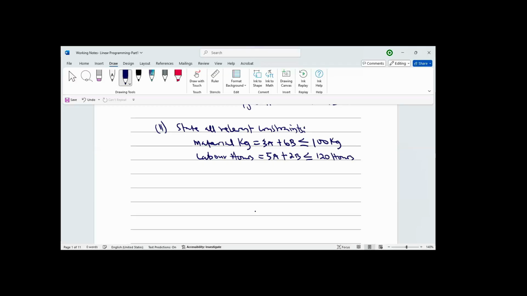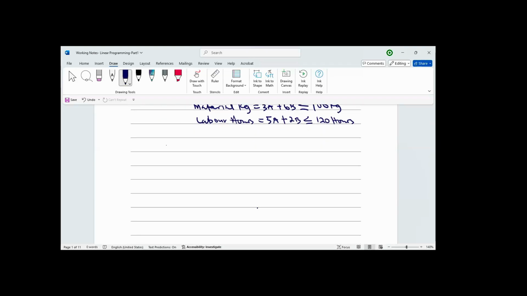So with this, I have stated the relevant constraints. We have two constraints in this organization. Raw material kilogram is not sufficient. Labor hour is also inadequate. This is how to state all relevant constraints.